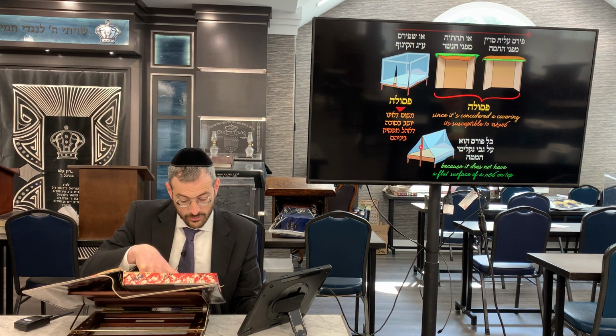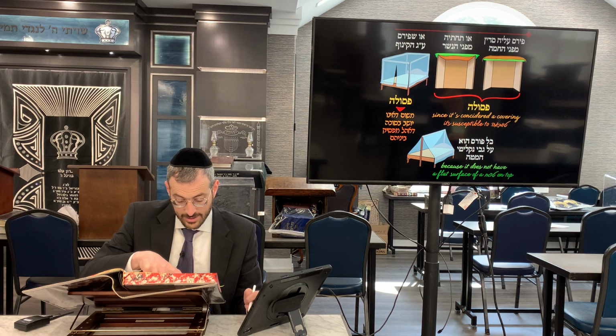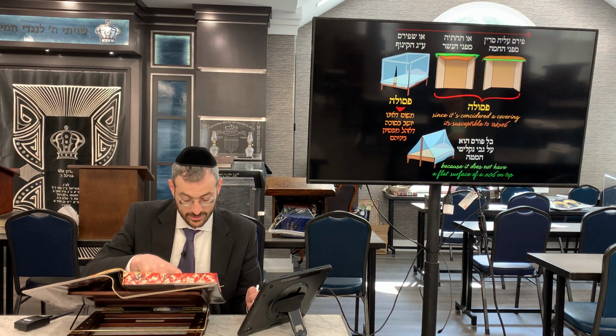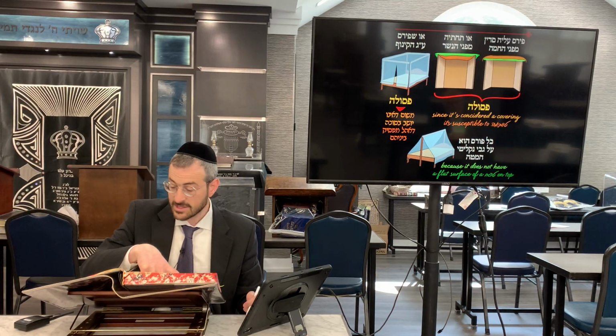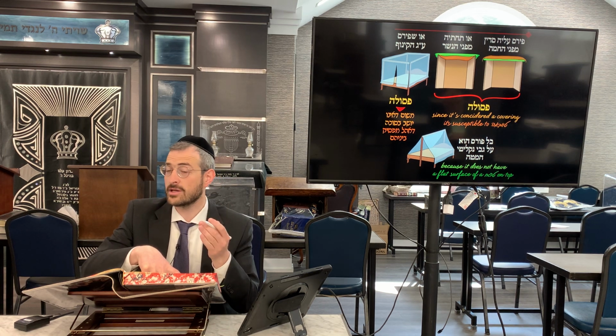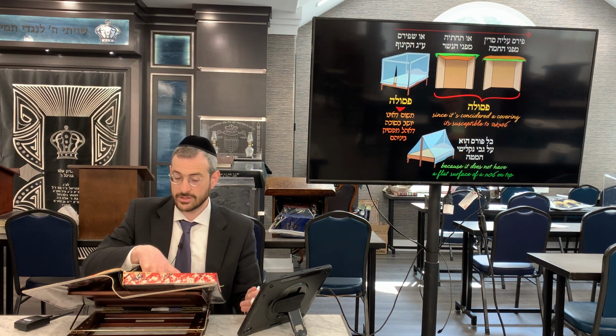You only have two poles on the two ends of the bed, one by the leg and one by the head, and you put a pole connecting those two poles, and you spread on it a sheet, which slopes on either side. Now, what's the difference between this case and this case? Very simply, because in this case, the naklitei hamitah don't have a roof that's at least a tefach wide, so it's not called an ohel. And since it's not an ohel, you're not sitting in the ohel in the sukkah, you're sitting in the sukkah itself.